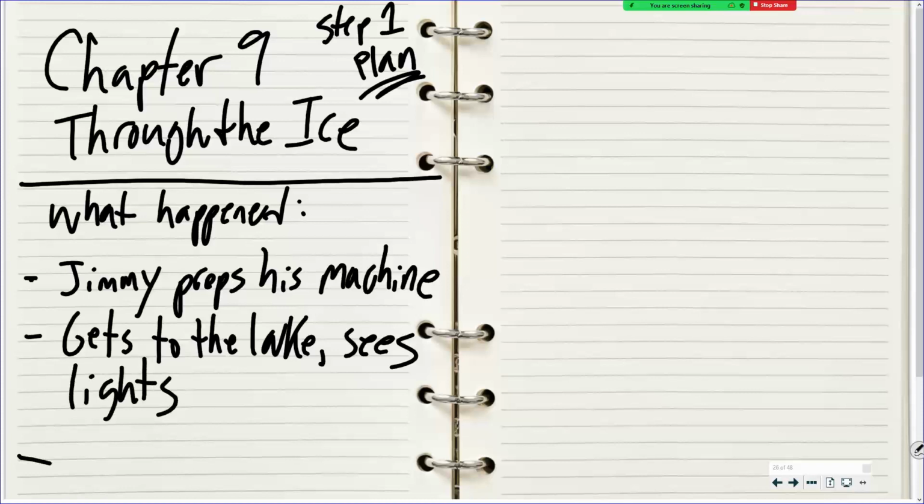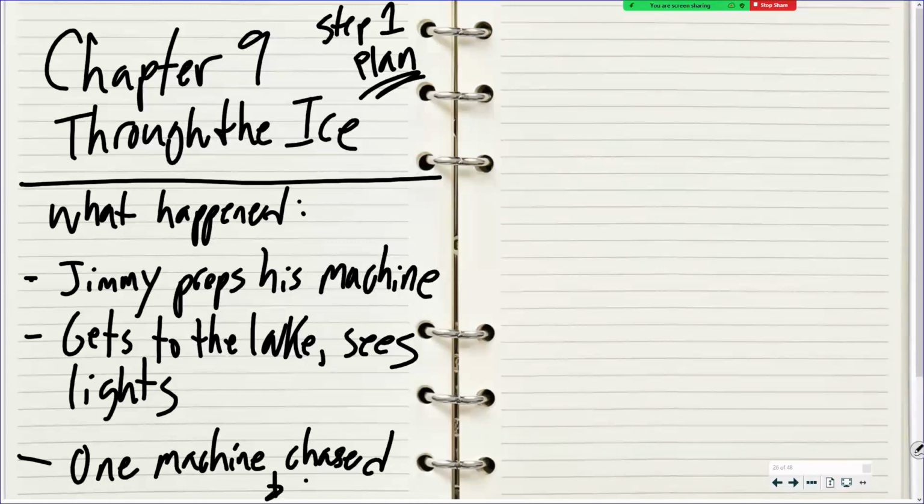So he sees lights on the lake, and then he sees one machine chased by two. And then he kind of asks himself, what should I do here?